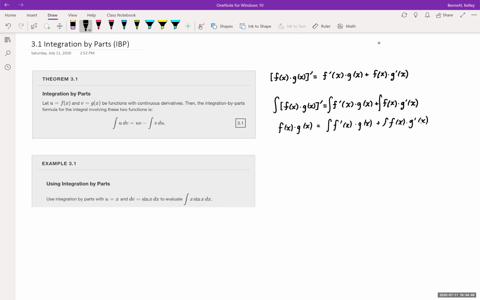And you're probably wondering, well, how is that helpful? Well, in the case where we have integration by parts, think of u and v as f and g.